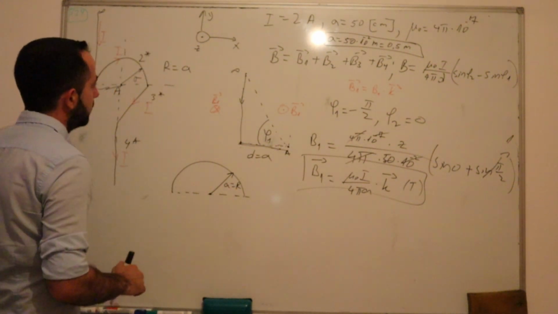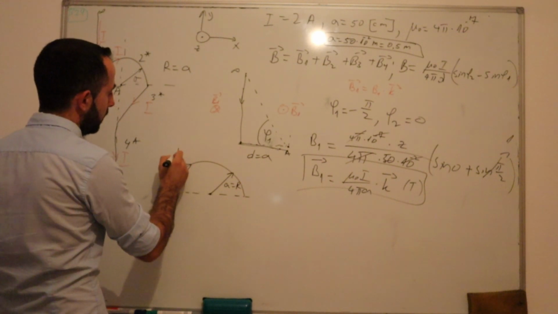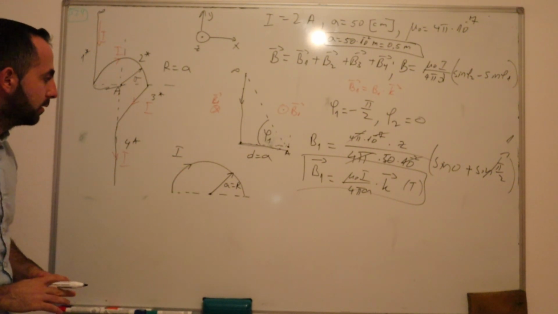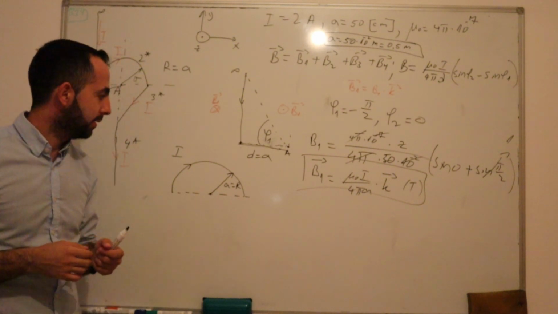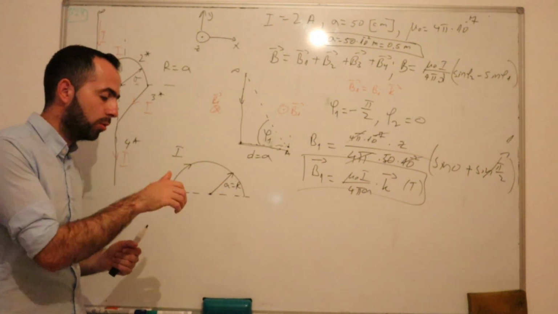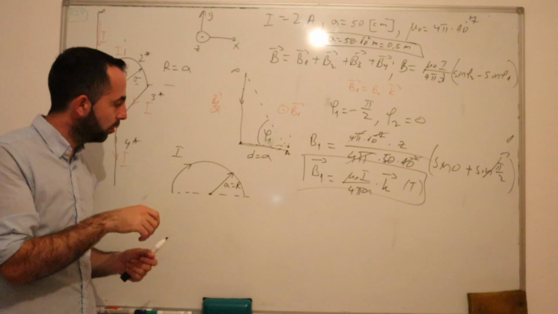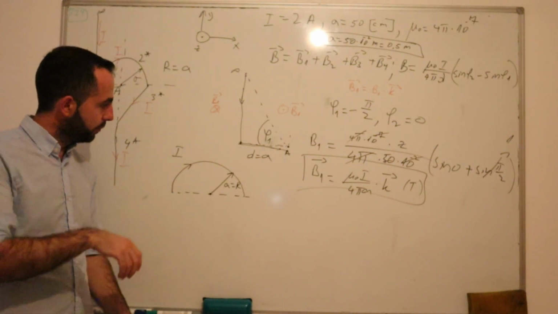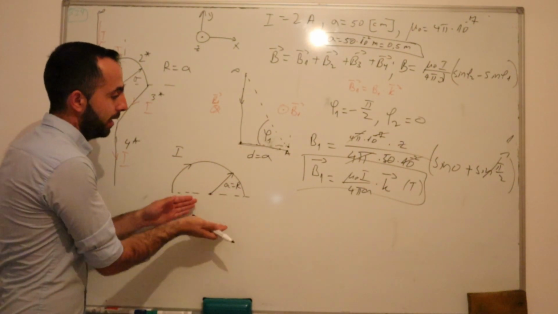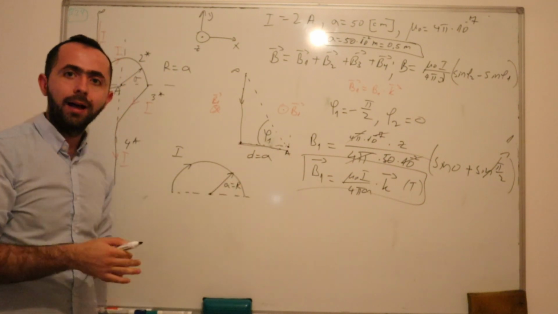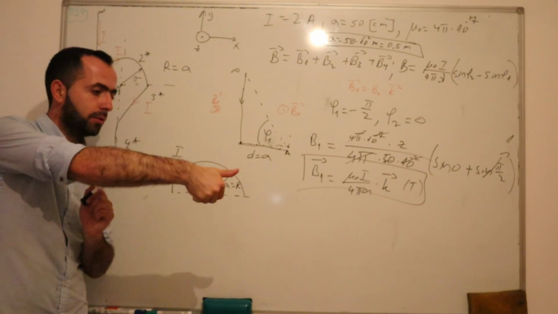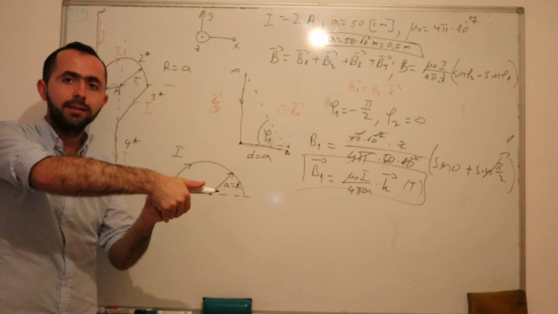It has current I. But now what we need to determine is its direction, once again using the right hand rule. Let's imagine that this is a straight conductor. Use the right hand rule.